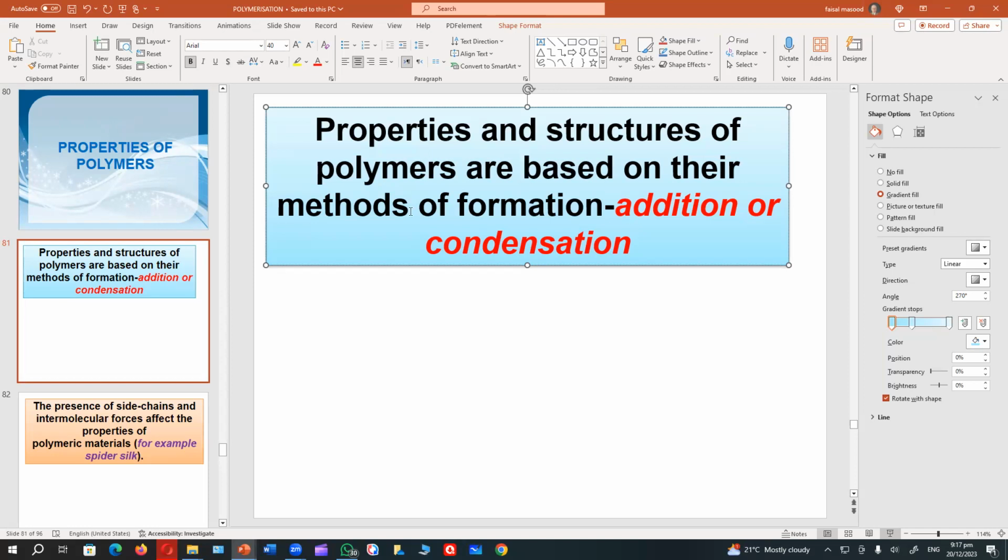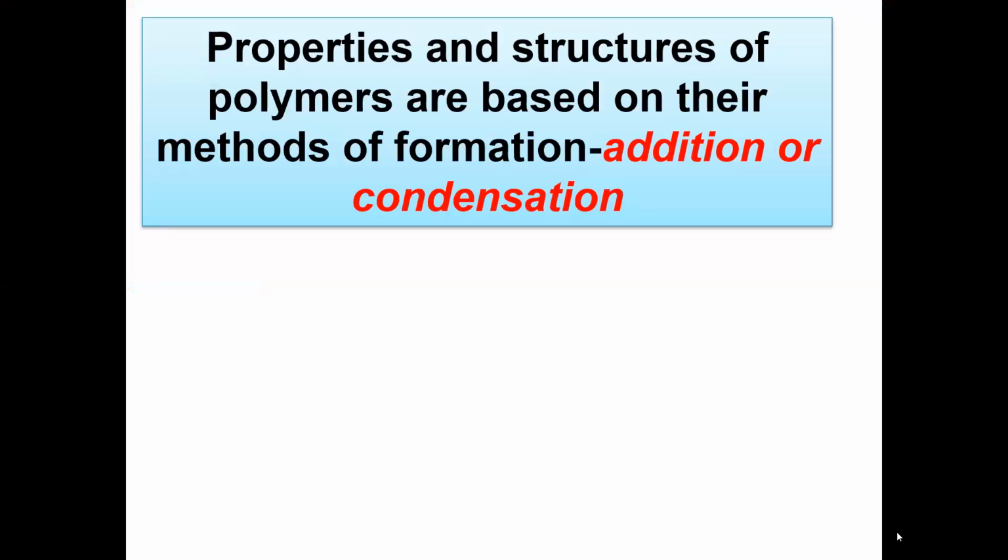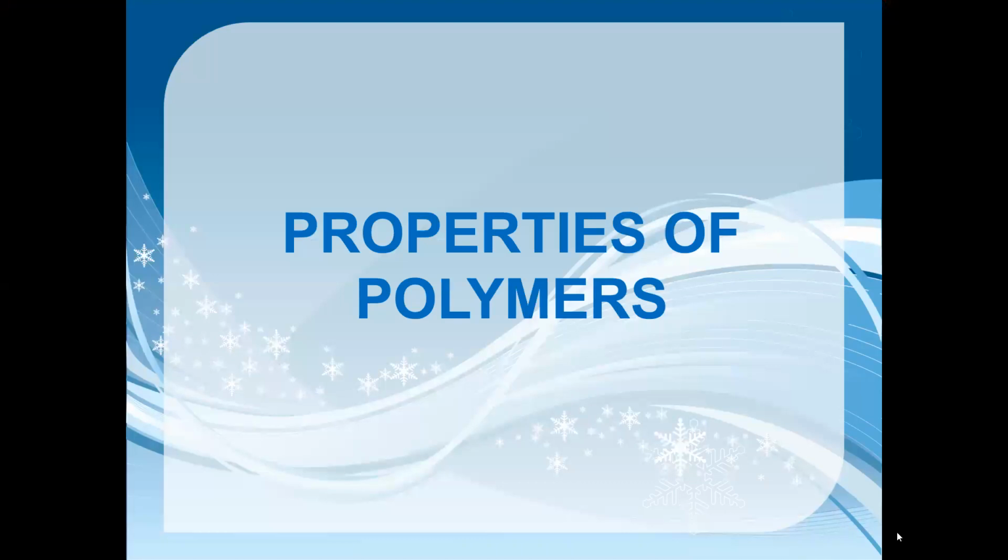Why do we make polymers? The answer is very interesting. We make polymers because we want to control the properties of material. Because we want to control the properties of material, we want to make a bulletproof jacket.